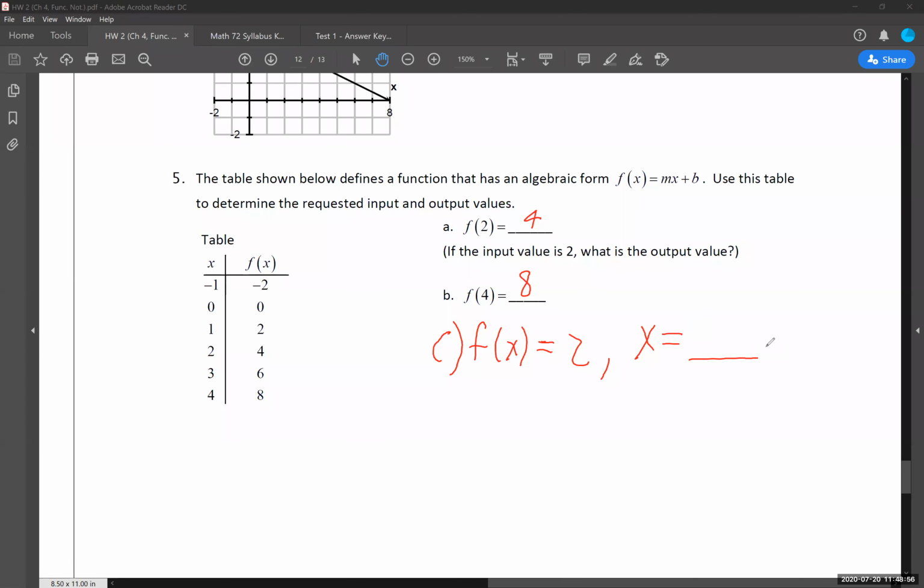So in part C, I'm kind of making up on the spot, but I do want to highlight this. We're being told f of x is equal to 2. What is its x value or corresponding x value? So is 2 an input or an output value? We are told f of x is equal to 2. F of x corresponds with our output values.